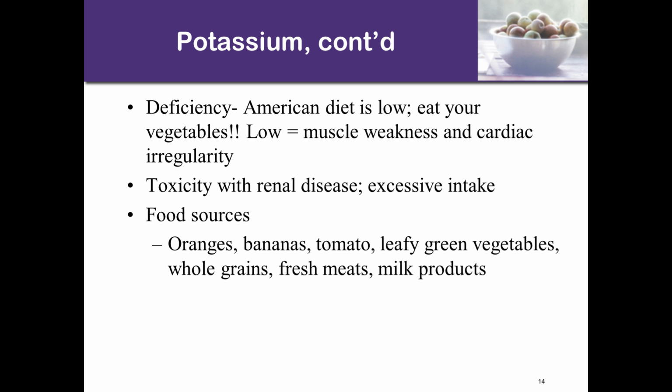If the concentration of potassium is low, there is weakness in the muscle. We feel that we are weak, which means there is low potassium concentration. Toxicity occurs with renal disease and excessive intake.